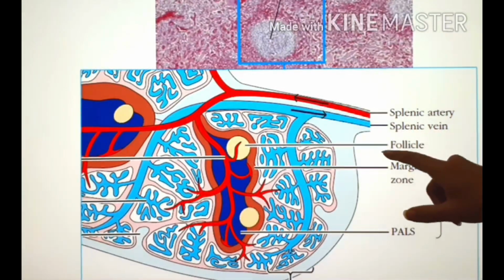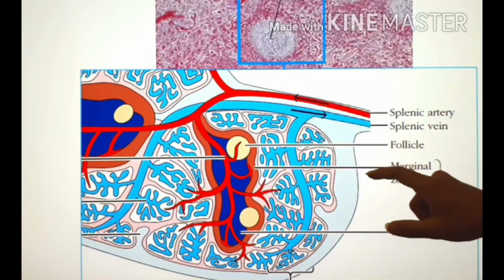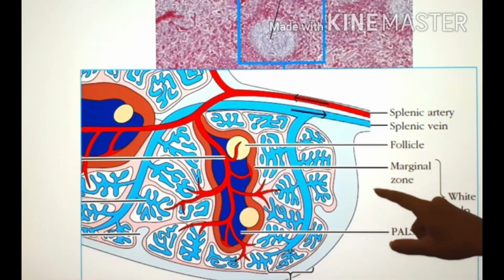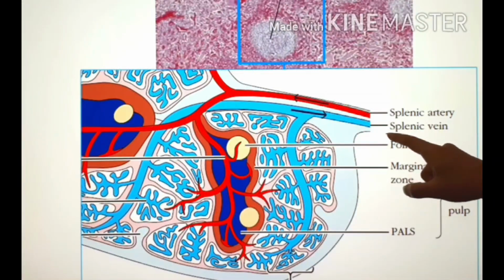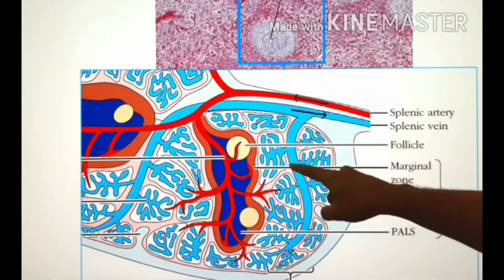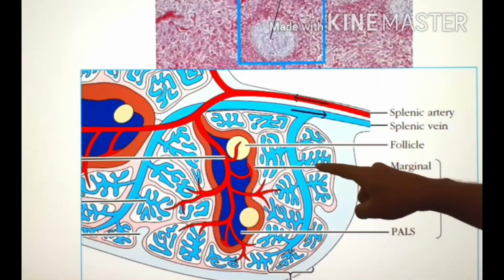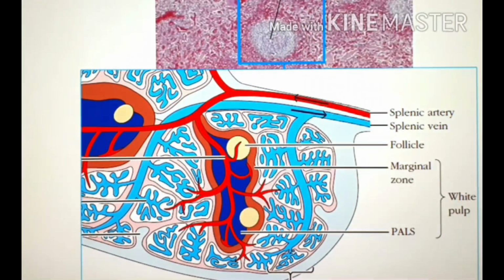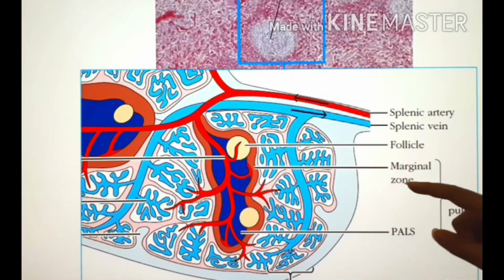B cells and T cells enter, and pathogens also enter, through the splenic artery, and they first interact with macrophages or dendritic cells in the marginal zone in this area. In the marginal zone there are dendritic cells that can trap antigen and also a type of B cell called the marginal zone B cell.